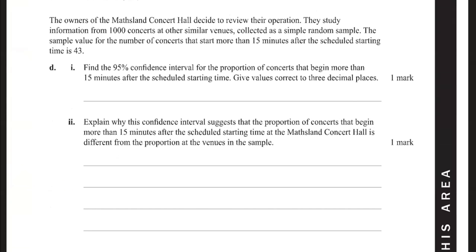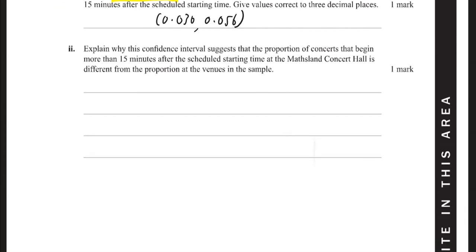Part D, confidence intervals. Given n equals 1000, collected as a simple random sample, and we're given that this is 43. You can just evaluate this on your CAS, and you get 0.030, 0.056. That's when X, the successes, is 43, N equals 1000, and the confidence level is 0.95.